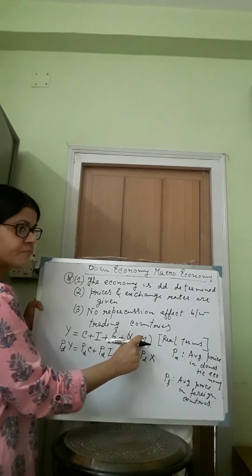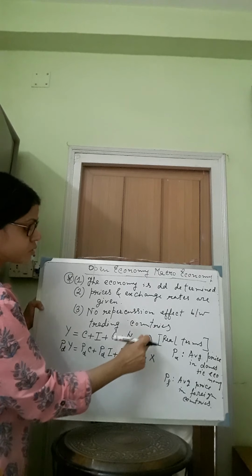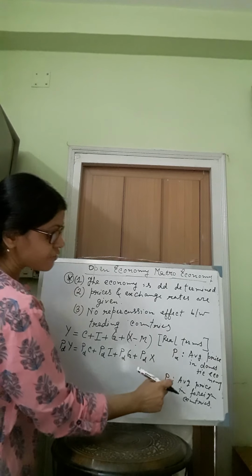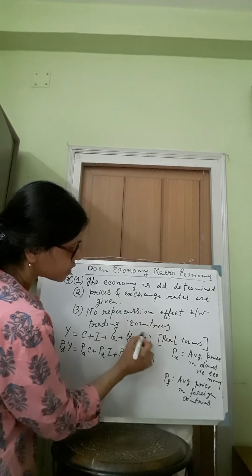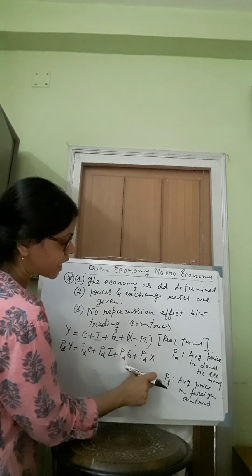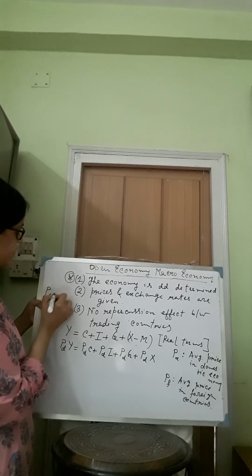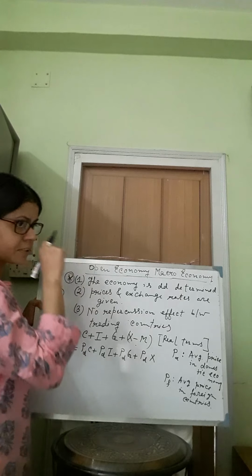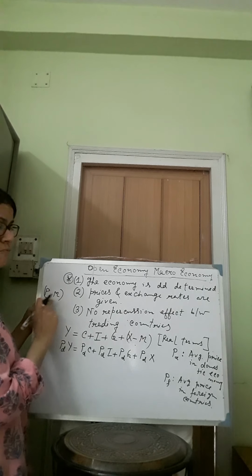But import is foreign goods, foreign countries' goods. So this is our total value of the import, and this is valued at foreign price. Whenever we have to convert this real import volume, we have to multiply it with PF, so we get PF into M. Now PF is the average price level of the foreign country, so this is valued in foreign currency.